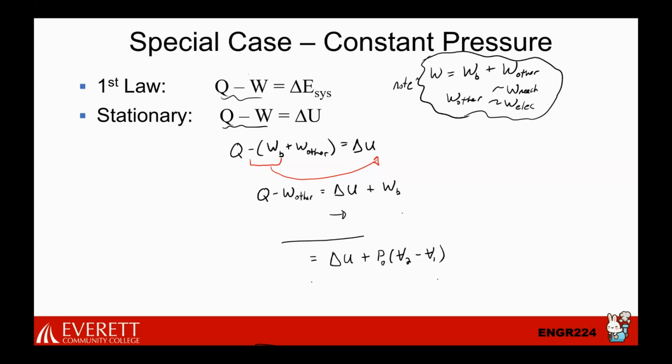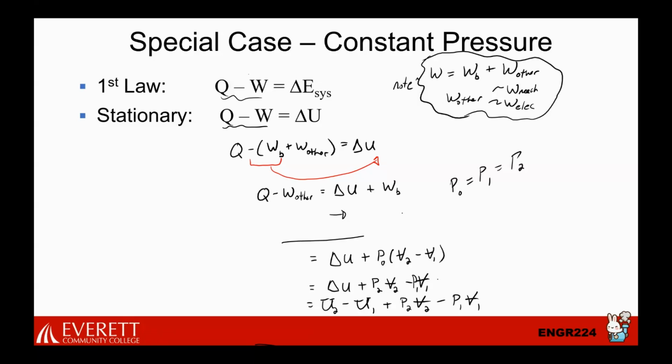Or in other words, I can say delta U. If I put this in terms, instead of P naught, I call it P2 V2 minus P1 V1, right? So we're saying that P naught is equal to P1 is equal to P2. My pressure is constant. And if I expand that a little more and say U2 minus U1, so my internal energies, P2 V2, P1 V1, we get an interesting form.